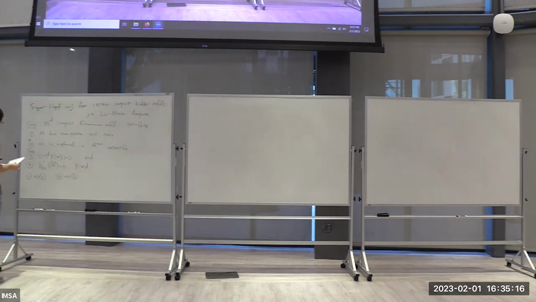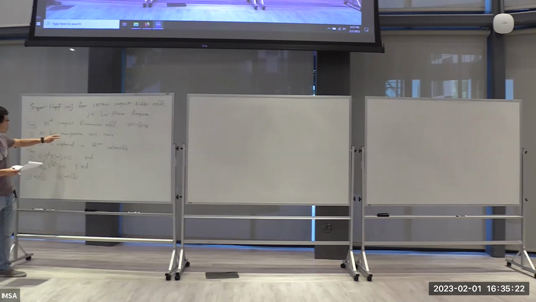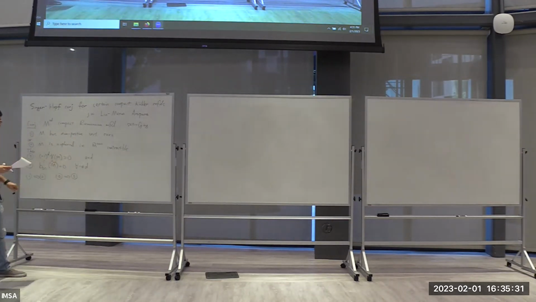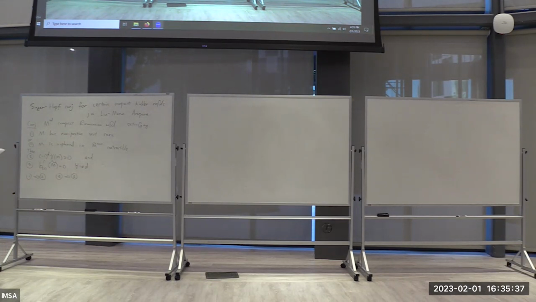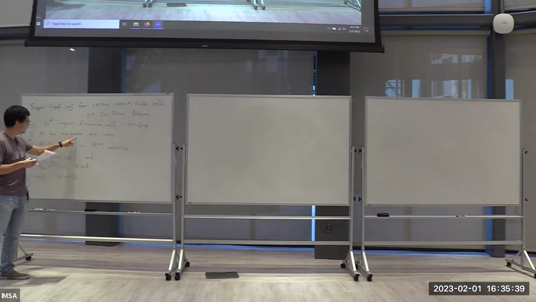And I want to mention that there are many different versions. For example, we could change the non-positive to strictly negative. Then we would expect a strict inequality. And also I could change the non-positive to non-negative.